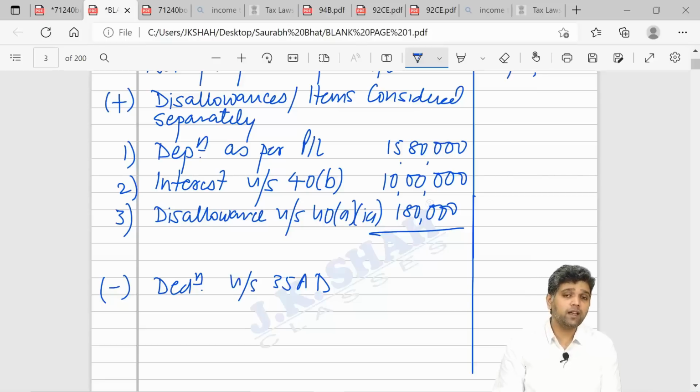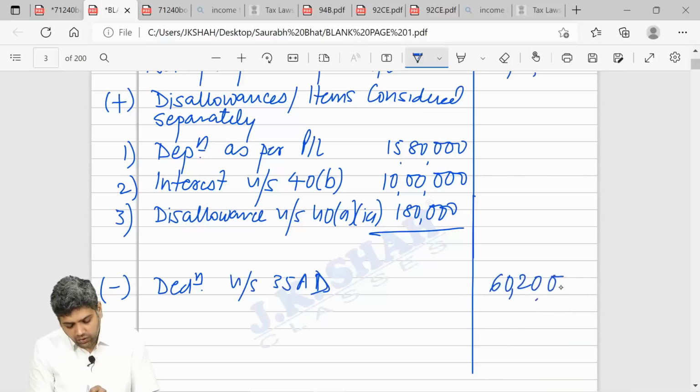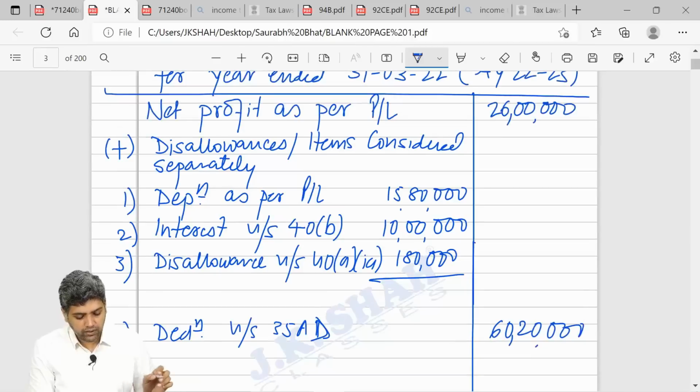So in case the question happens to be silent on whether the assessee wants to opt for 35 AD, then you should make a suitable assumption by writing a note. In this question they have told me that the assessee wants to avail 35 AD, so 60,20,000 would be the deduction.